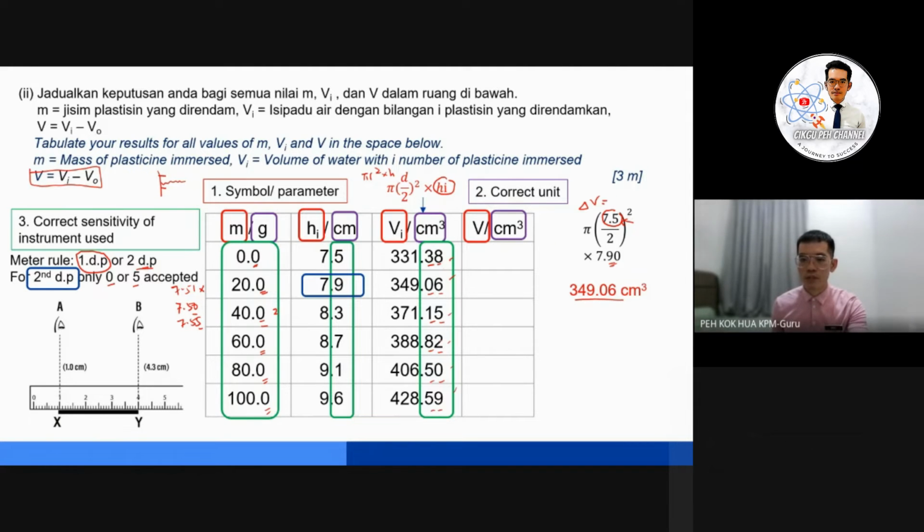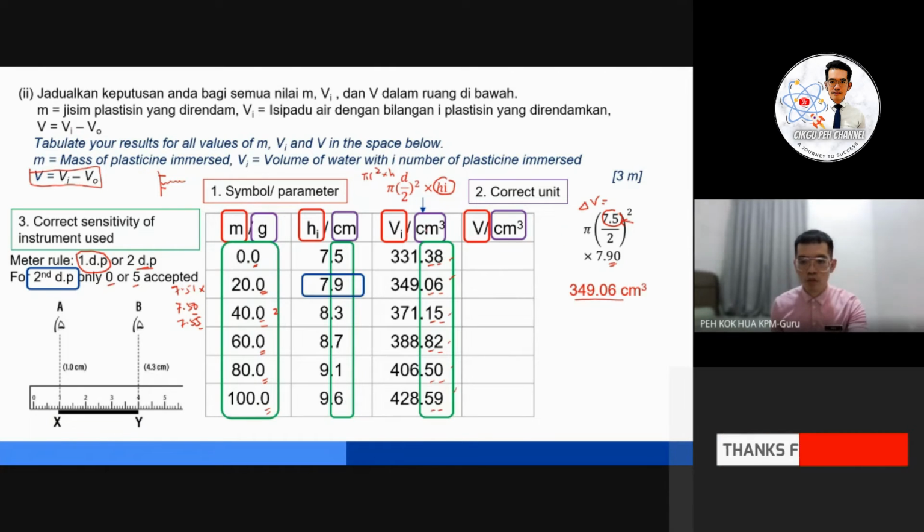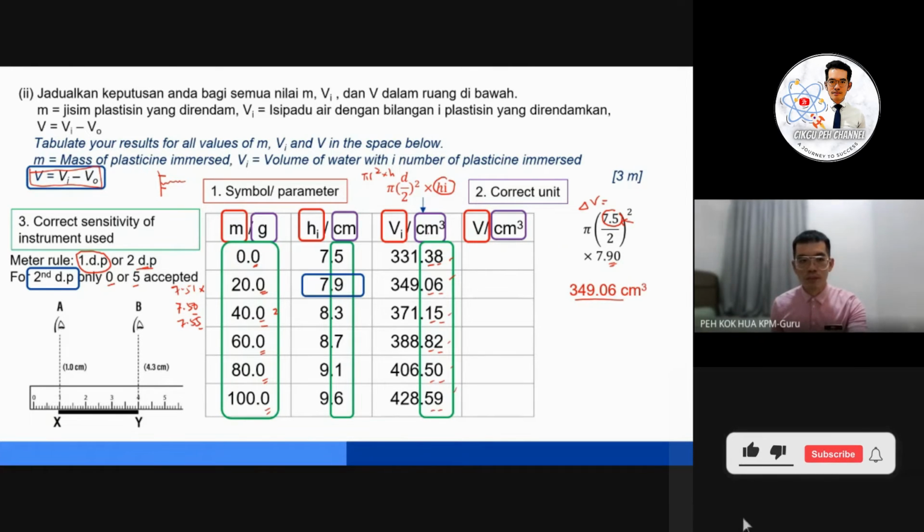We have to give the same or consistent decimal places for each column here. So for the first column, 1 decimal place; the height will be 1 decimal place; for the volume, I gave 2 decimal places. Okay, so we go back to the V. As mentioned just now, for the V, you use the formula Vi minus V naught.